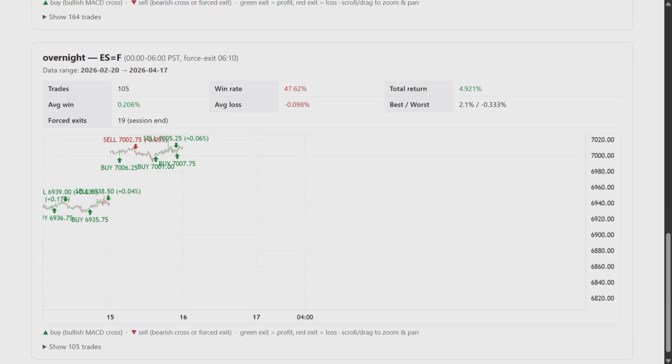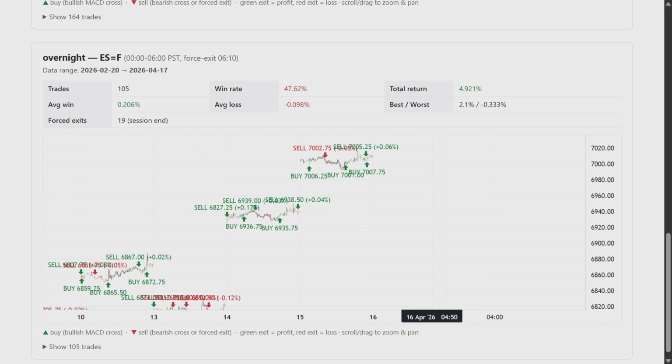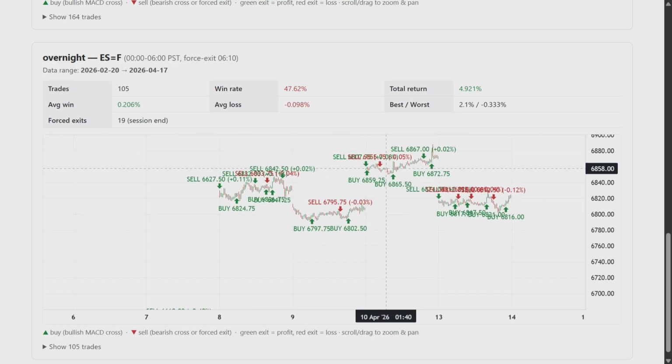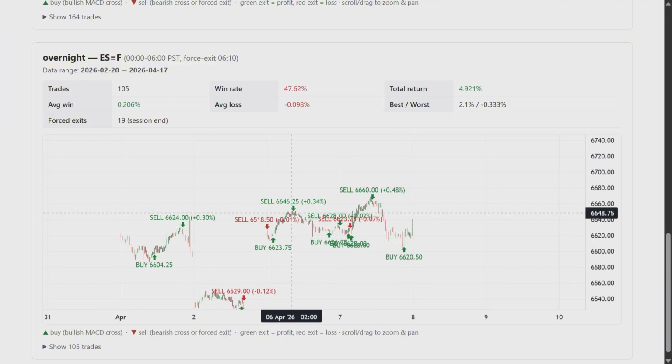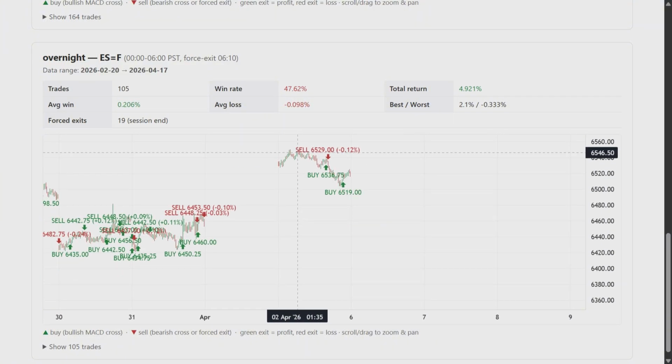While the overnight session actually did the best. It had almost 5%. You could have a 2% gain as the best, while you could have 0.33. And then the average win is not bad, and your win rate is closer to 50. When we look at it, a lot of the structures here look a little bit sideways.